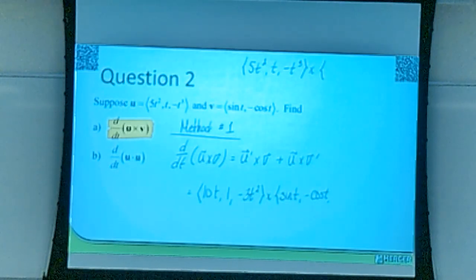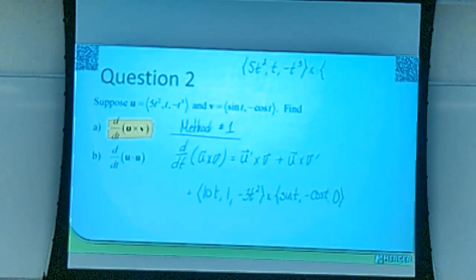How would you do a cross product with three-dimensional or two-dimensional? It's very easy. If you're dealing with a vector in 2D, it does not mean that your third dimensional component has to just be 0.